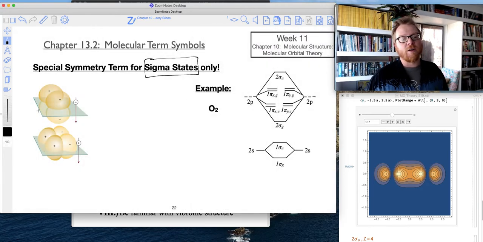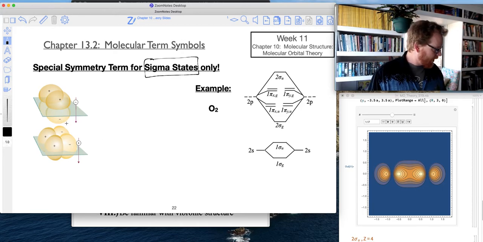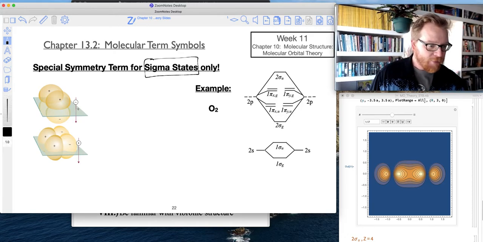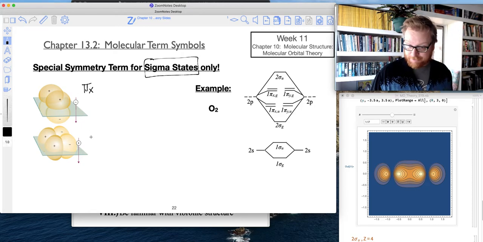Well, nitrogen is a sigma state, but it's a sigma state from the confluence of pi bonds. Now if we look at this symmetry operation, I'm going to define this one as the pi x, and this one we'll define as the pi y.